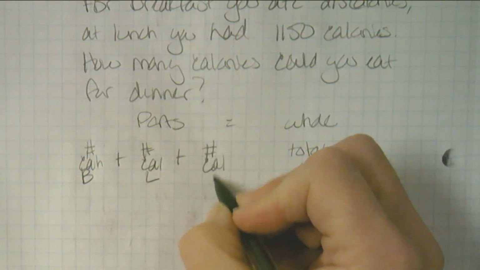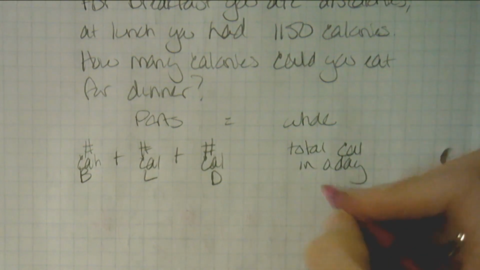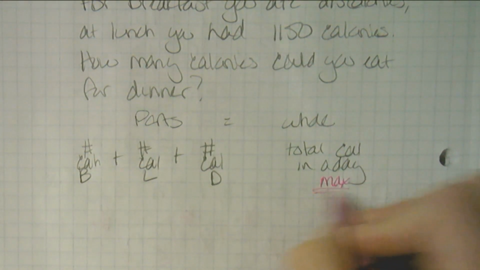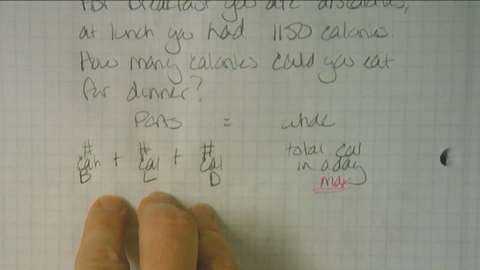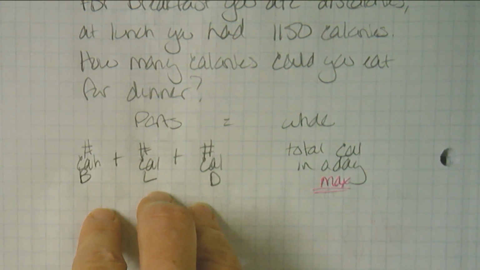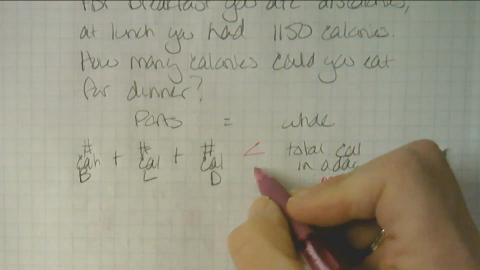Excellent. All right, so, Chris, is our total number of calories per day a maximum or a minimum? There's your maximum. So if it's a maximum, what do the parts, the actual that we're eating, have to be in relation to that maximum? Can they be less than or greater than? That's the maximum we can have, less than. Yep. Can it be equal to?